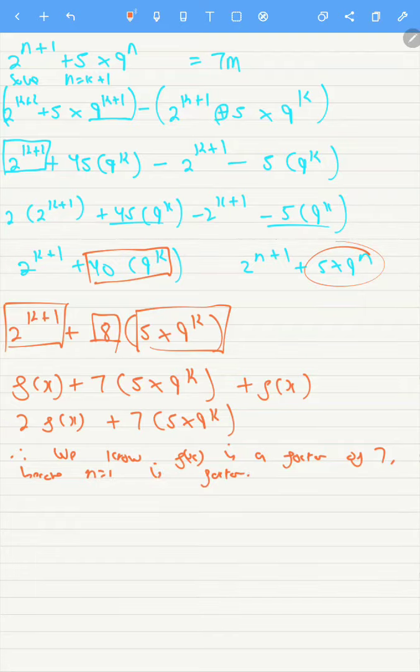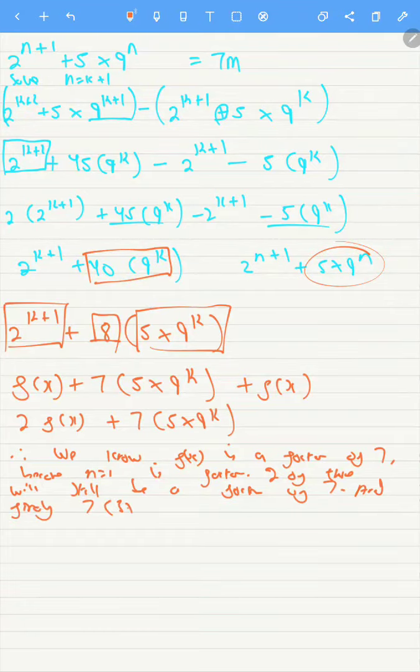Then what you can do is show that 2 of those will still be a factor of 7, and finally 7 times 5 times 9 to the k is a factor of 7.